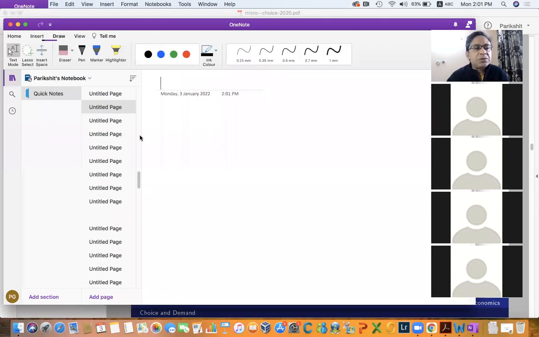Okay, what are examples of these qualifications that I'm giving? For example, suppose we have a utility function which is of this form.